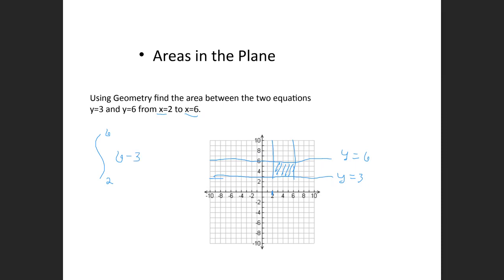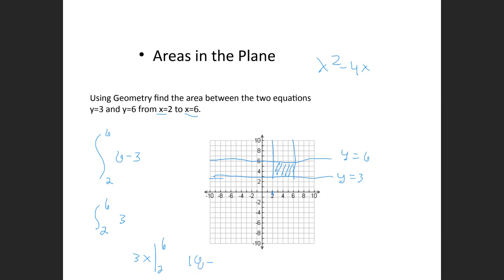Now, most of the time they're not going to be that easy. They're going to end up being like x squared minus 4x, something like that. They're not going to be like this. But I'm just trying to show you that this does work. So 6 minus 3 is 3. So this is the integral from 2 to 6 of 3. If I take the integral of this, I get 3x from 2 to 6. I plug in the 6. 3 times 6 is 18.